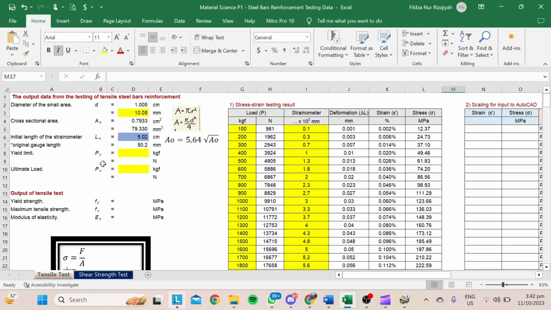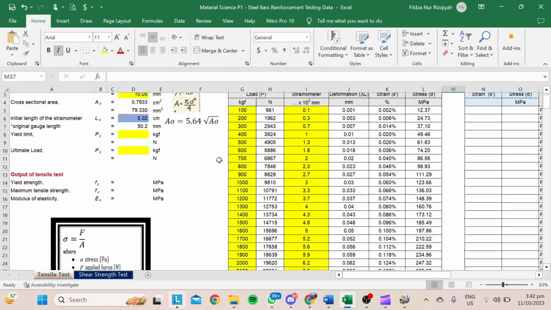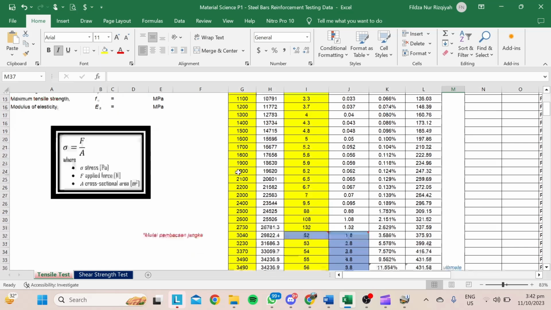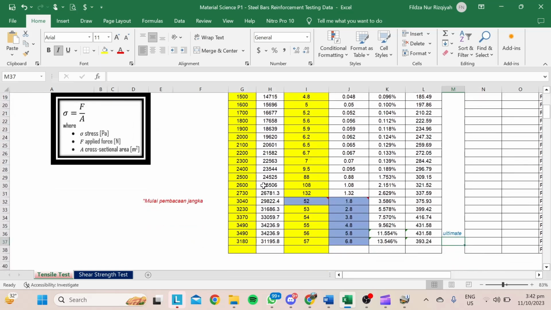Okay, next we give a note to the yield limit. The yield limit, or beban leleh, refers to the point at which the load begins to move slowly. The data indicates that the load, which initially had a nominal value, gradually ceases to be multiplied by 100.